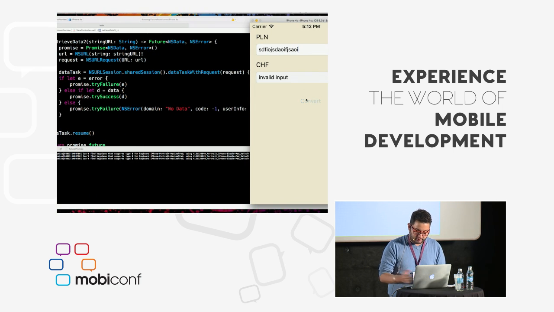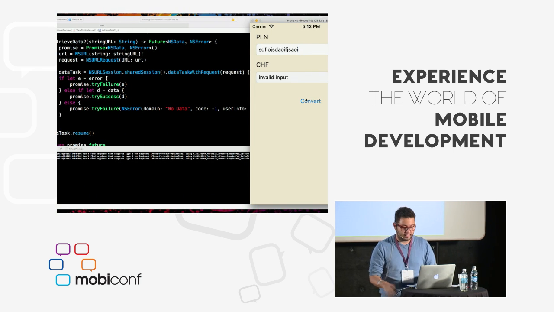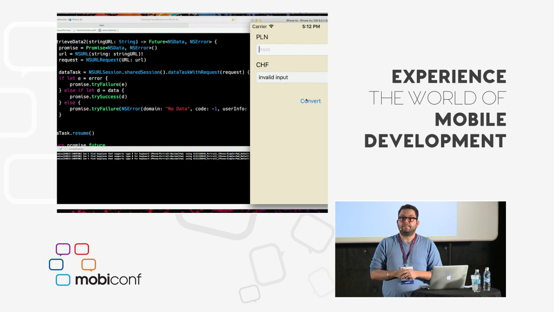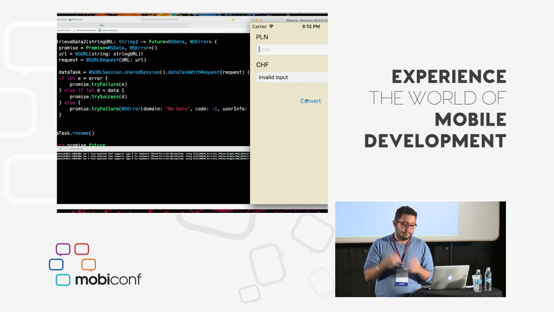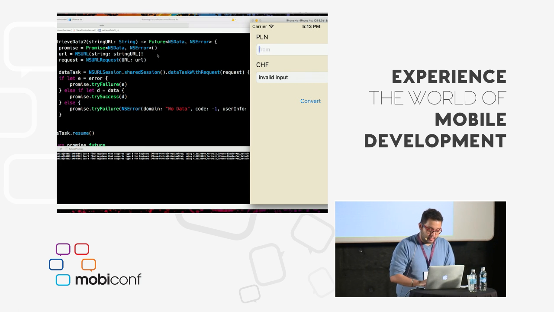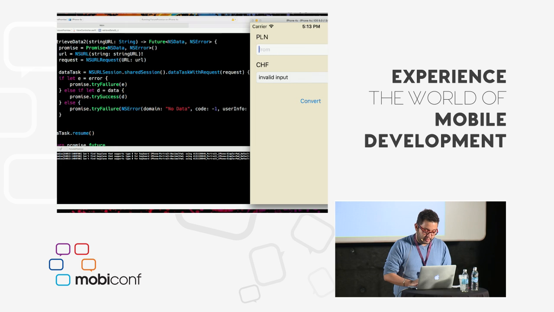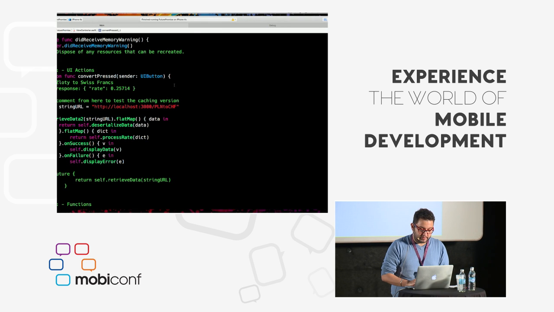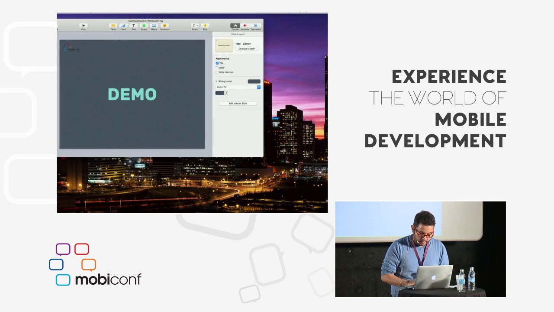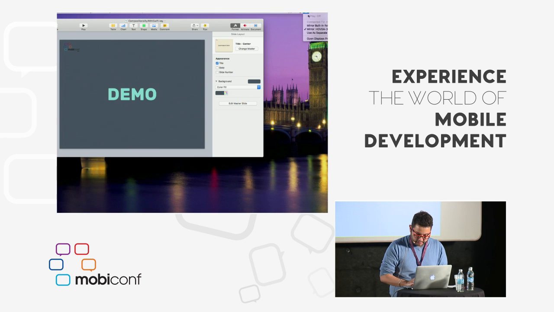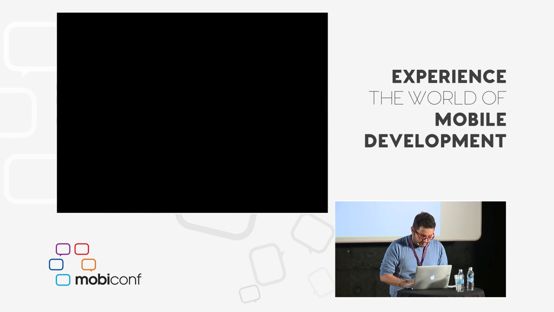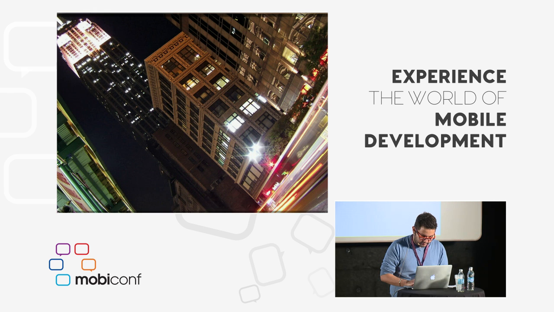Okay. So I try to get it, and the input is invalid. So you can change my example and make it better, or you can check other nice examples on the internet. And let's go back to the slides to complete the talk.